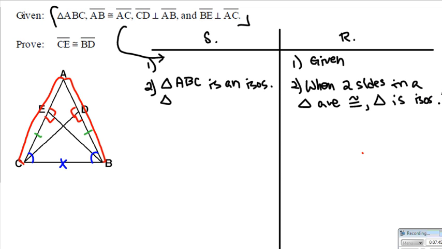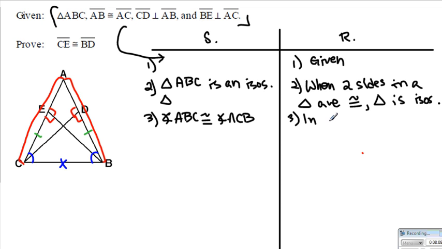Now, number three. Then we realize that angle ABC must be congruent to angle ACB. Why?